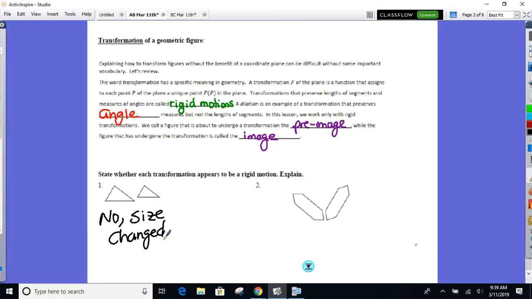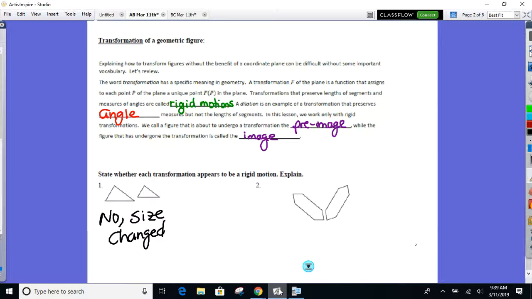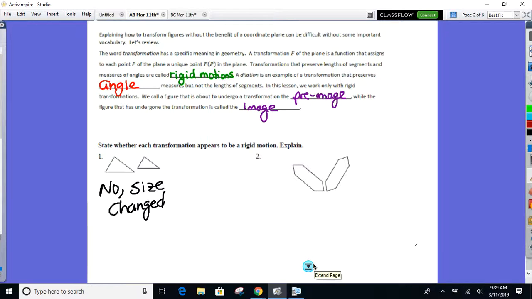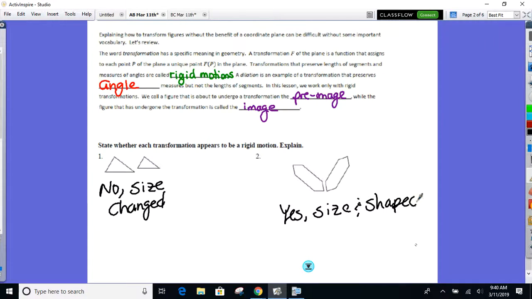Length and angle measurement stay the same when a rigid motion is performed. What about 2? If you eyeball 2, does that look like a rigid motion was performed? Size and shape remain the same.